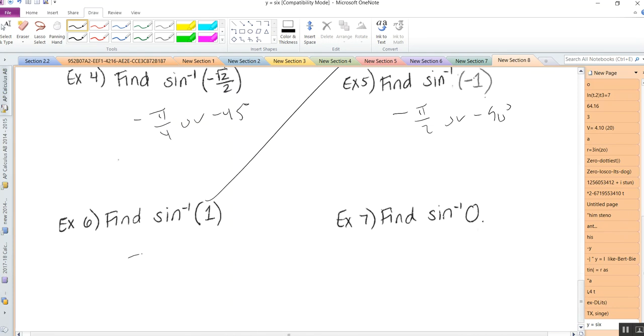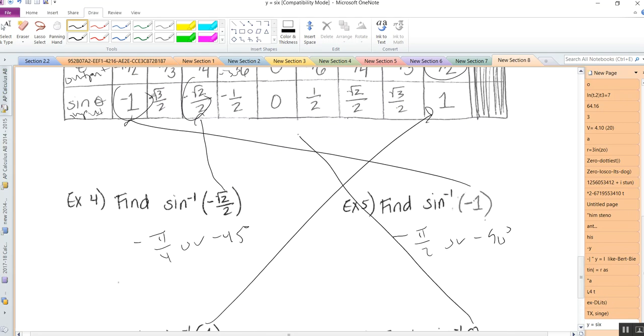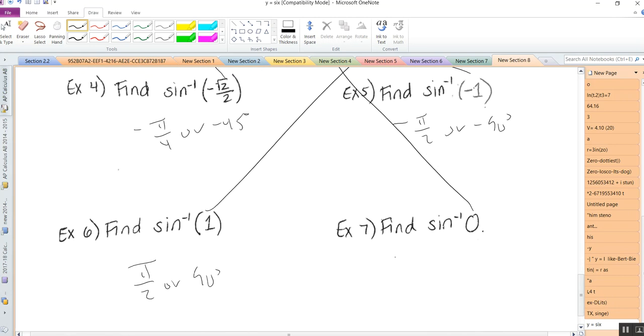That gets you pi over 2 or 90 degrees. Then lastly, 0. Inverse sine of 0 would just be 0 degrees or 0 radians. So you can say 0 radians, or if you write 0 by itself, it's assumed as radians, or you put up the degree symbol if you want to give it as degrees.